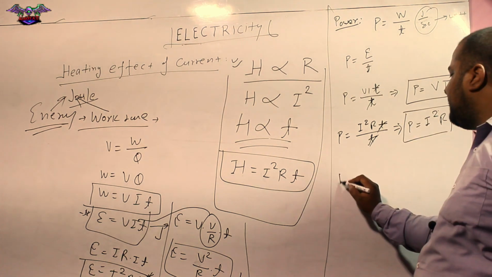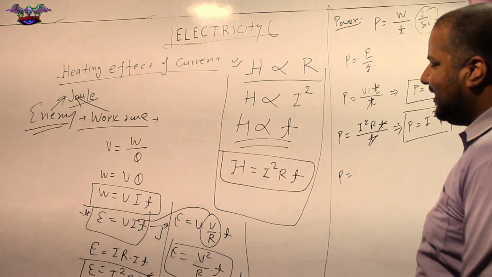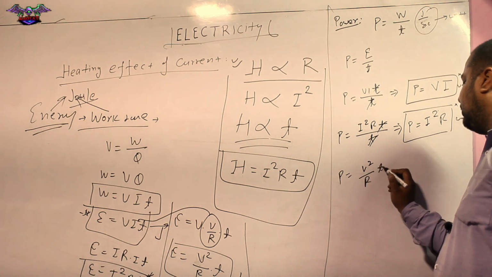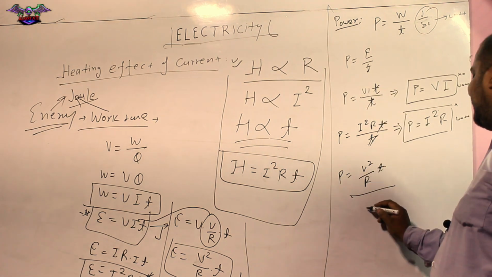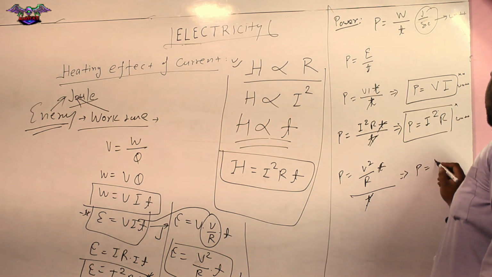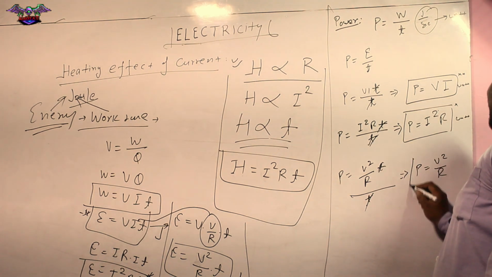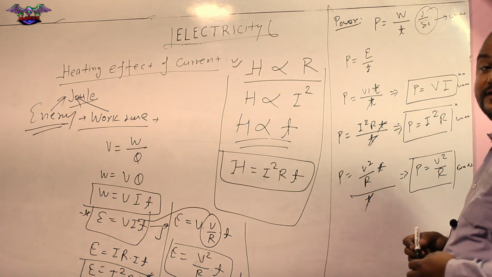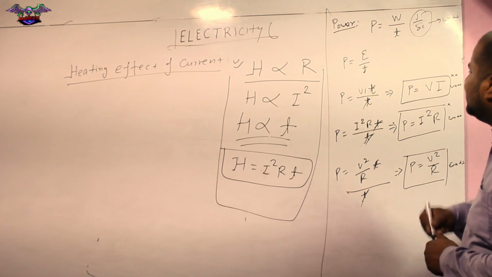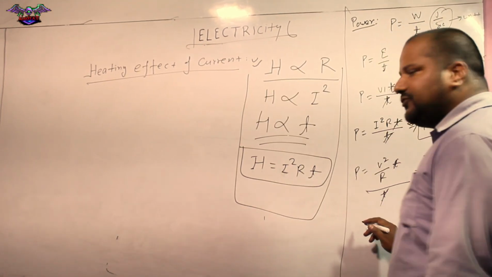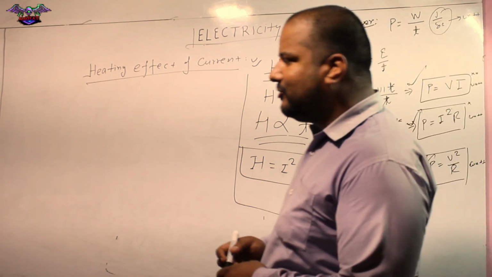Next formula: put E as V squared upon R into T, divided by T. So P equal to V squared upon R. This much watt. You have to remember these formulas, and the energy formulas also. I hope you have noted them down.